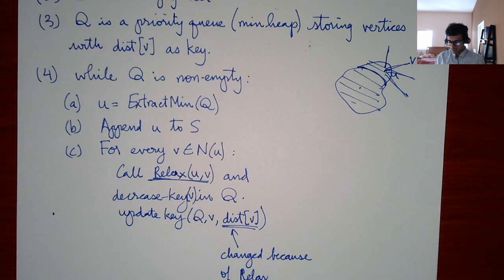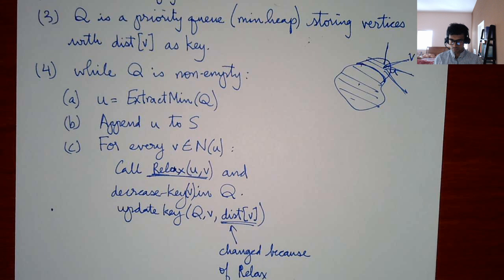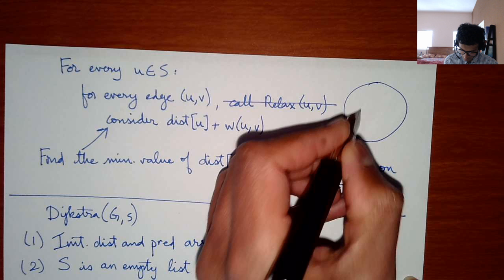Could you explain what cycles you are referring to? So a cycle just means that in any graph, a path that goes back to itself, that's a cycle. Oh, okay.